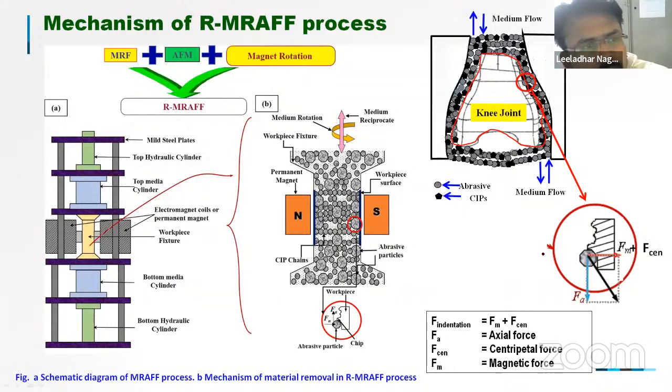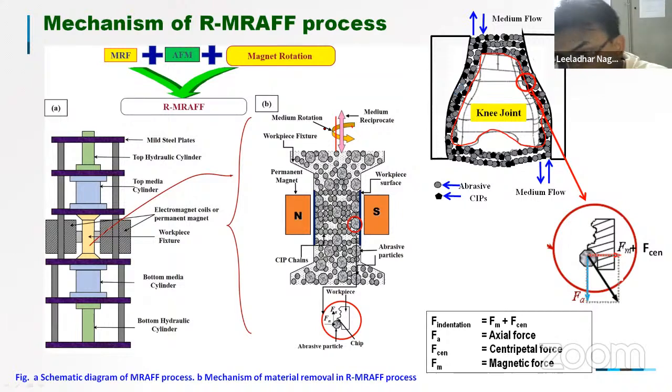Here is the mechanism of the process, how it works to finish the complicated shape. Reciprocating motion is there, and the fluid is rotating inside this fixture. This is my abrasive particle.